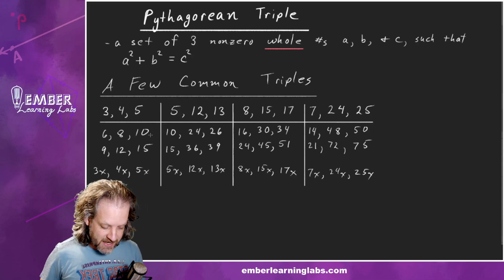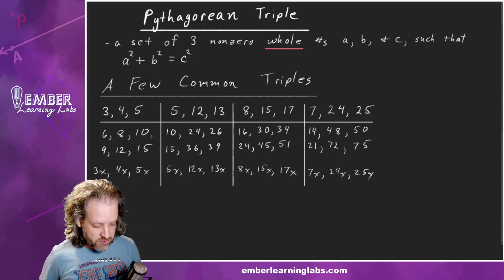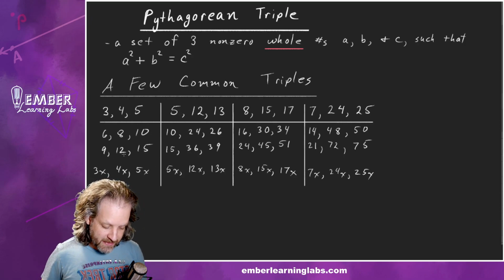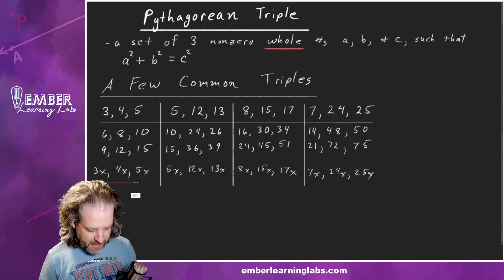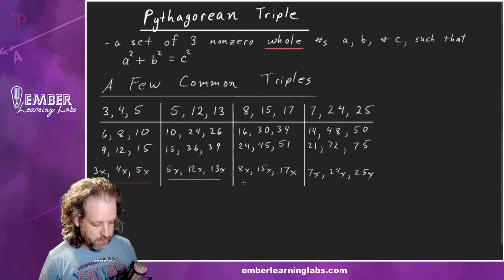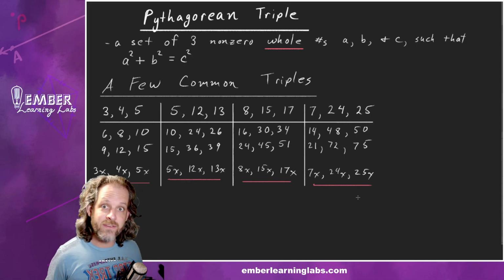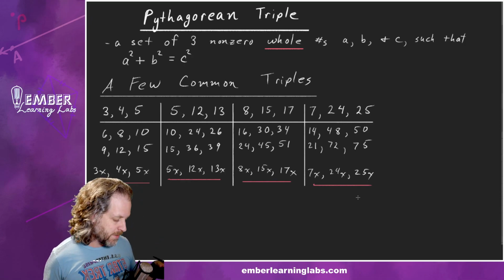So a 6, 8, 10 would be a Pythagorean triple in the form of a 3, 4, 5 Pythagorean triple. That's true for any multiple, and that's what this bottom line is, where you can do any multiple of the reduced Pythagorean triple and you'll have another Pythagorean triple.